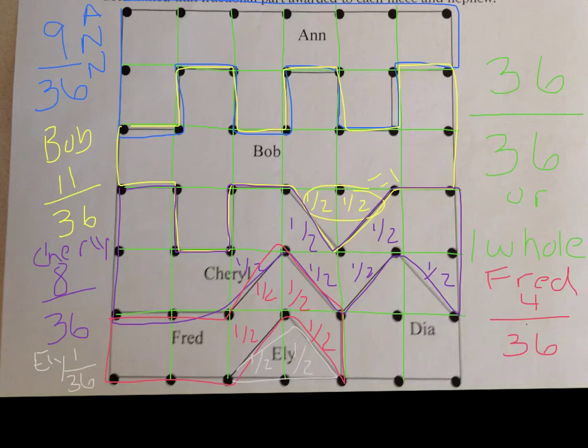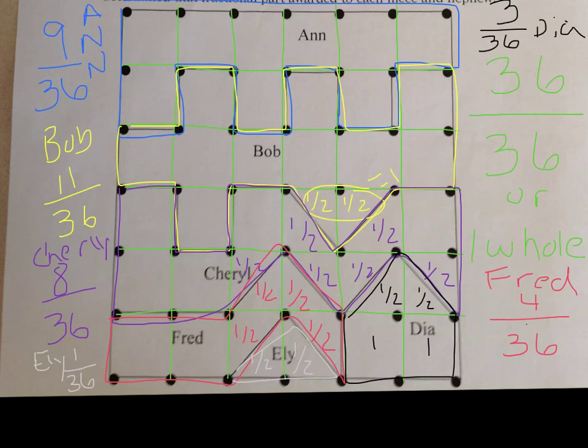Last but not least, we're going to be looking at Dia, and we see that Dia has a pentagram right here, and she has 2 halves to make 1 whole, and then 2 other wholes. So if we count that all together, we have 1, 2, 2.5, 3. So Dia has, out of that 36, 3 out of 36.